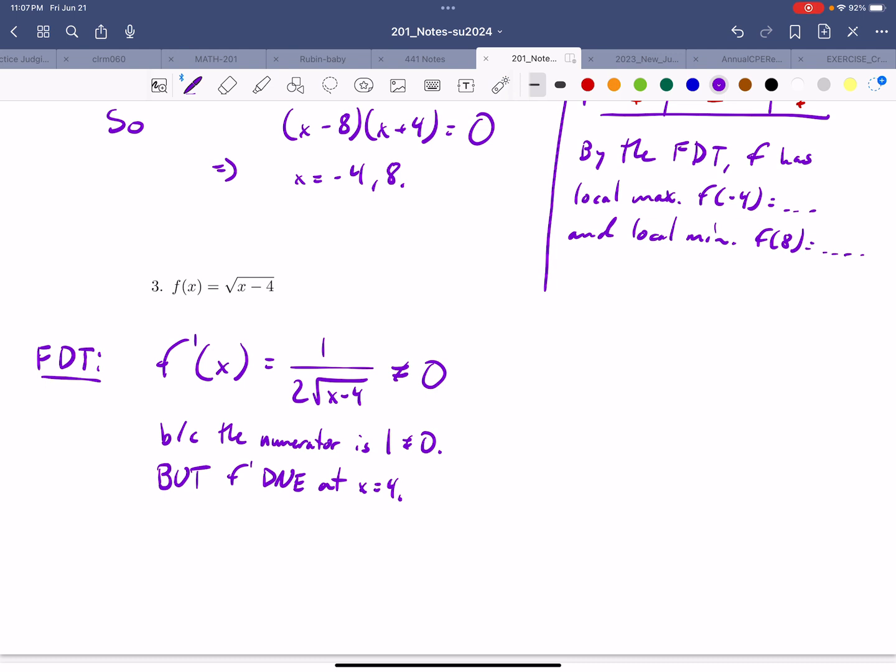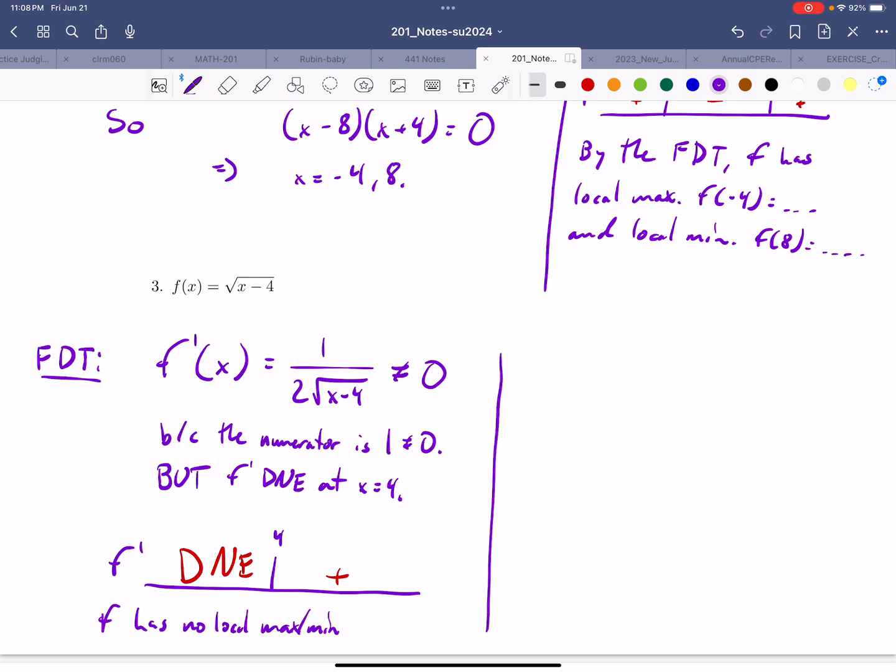All right, so if we go ahead and make our little chart here, one thing to keep in mind: I drew this interval chart, but actually f of x and f prime do not exist before 4. So this isn't a real critical value, actually. But it is worth saying that when you plug in an x value greater than 4, you get a positive value. So here we could say f has no local max or min.